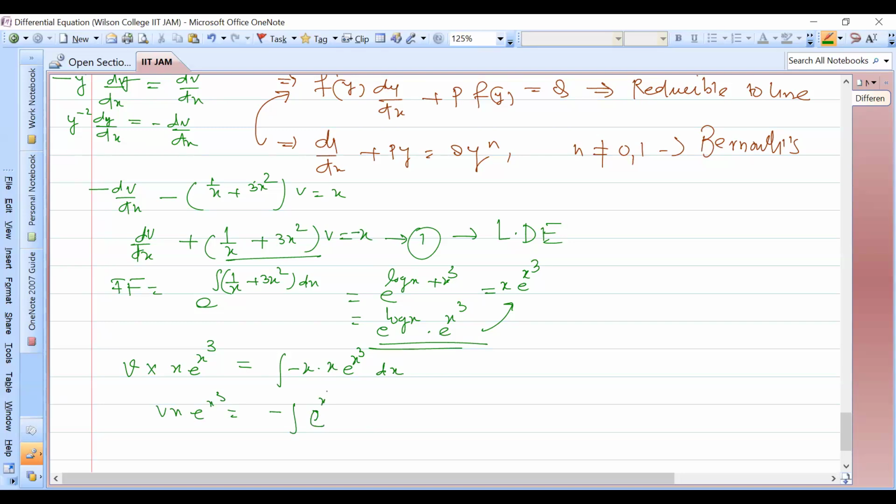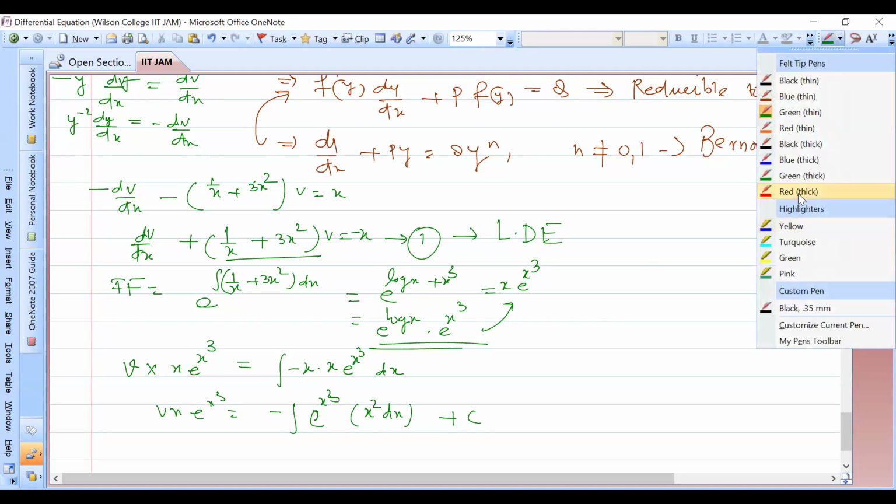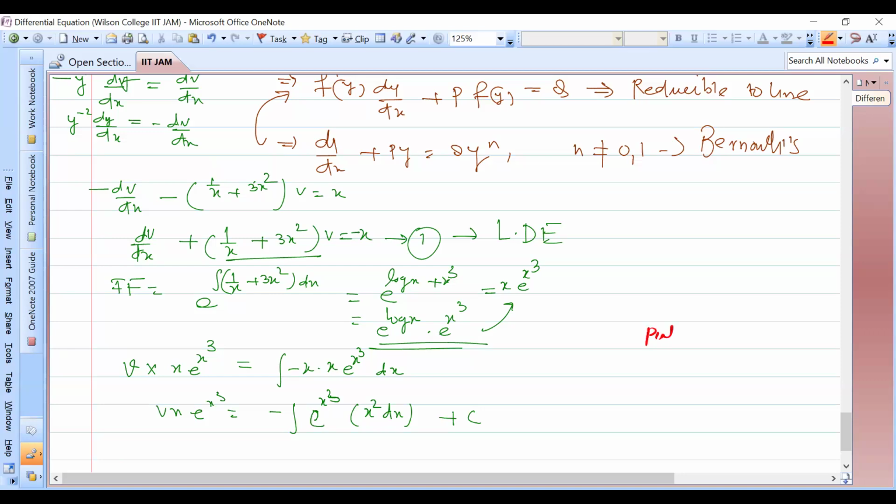Can anyone help me here in integration? Can anyone put let x cube equal to t. Yes. Put here x cube equals to t.